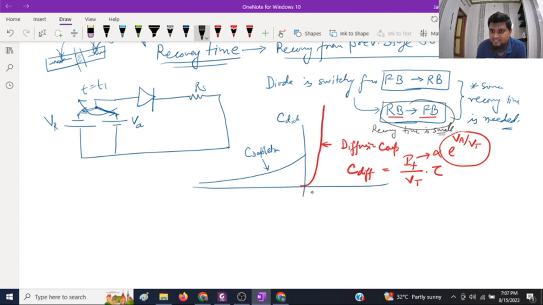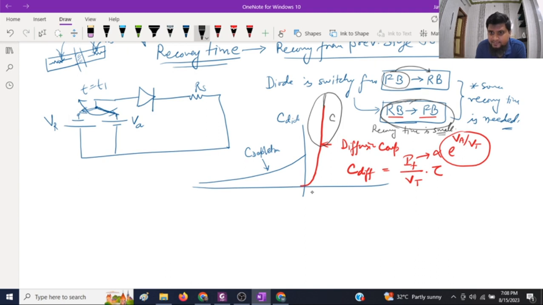In textbooks, you will find that people are not talking about any recovery time for reverse bias to forward bias. Generally, we talk about recovery time from forward bias to reverse bias because if the PN junction was forward biased, we already had a very high capacitance in forward bias.